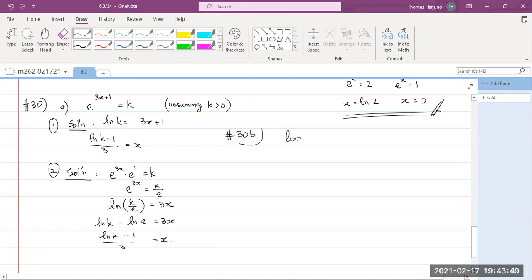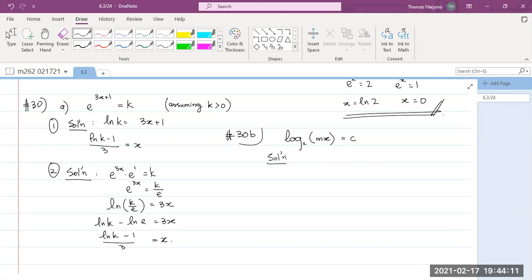Log base 2 of mx equals c. Now I need to solve for x. Change this into exponential form. So be flexible with this when you solve exponential and logarithmic equations.